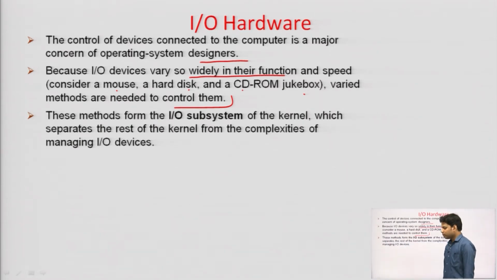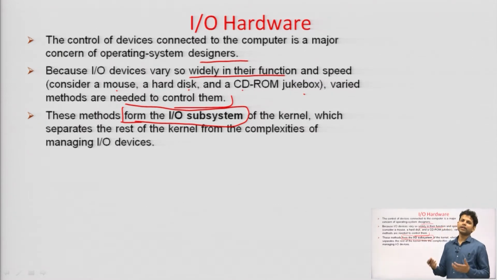These methods form the IO subsystem, that is, how we are going to control different input output devices. This is what is called the input output subsystem of the kernel.